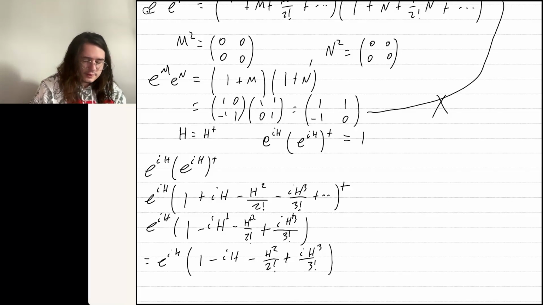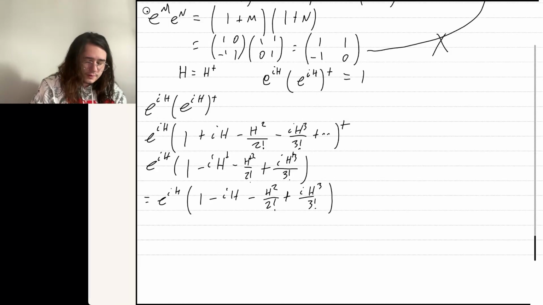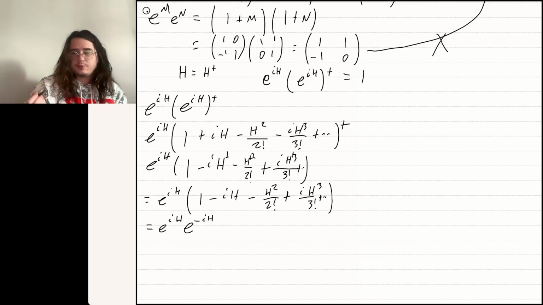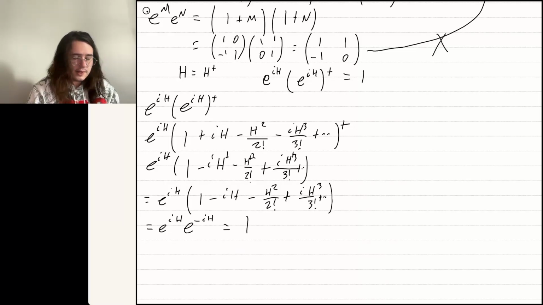Which means this is also just equivalent to the Taylor series expansion of e to the minus iH, if you think about it. And then exponentials work the way that they do, these terms will cancel out. So this is equal to 1, as it turns out. So this is a good proof, I think. All right.